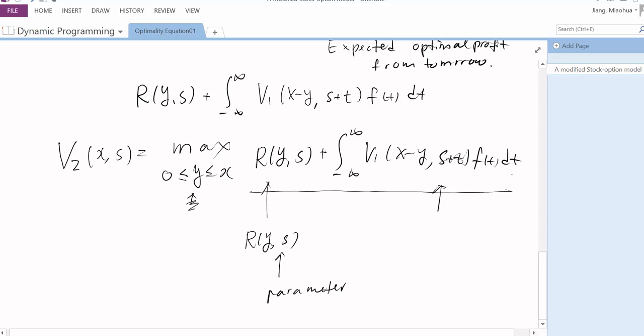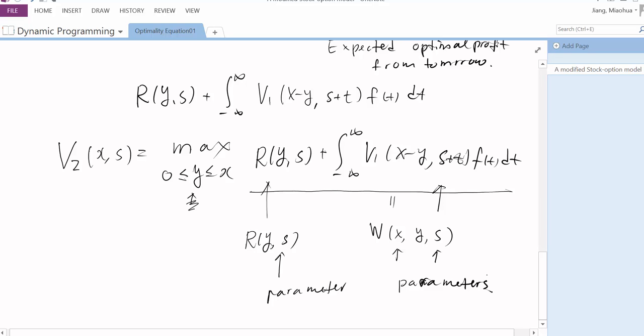So when you integrate this function, we end up with a function of y, s, and x. So this part in fact depends on three variables, x, y and s. But y is the variable we are optimizing over, and x and s are both parameters, or you can say state variables.